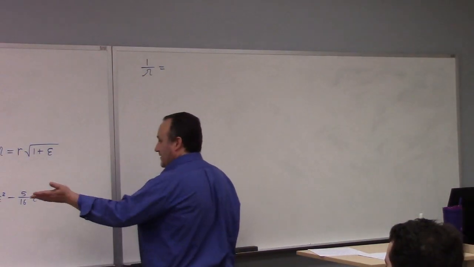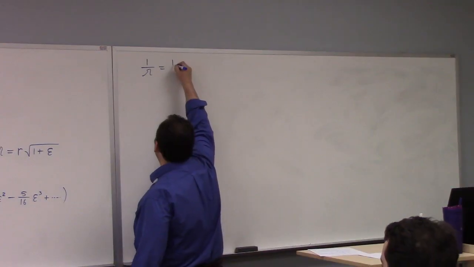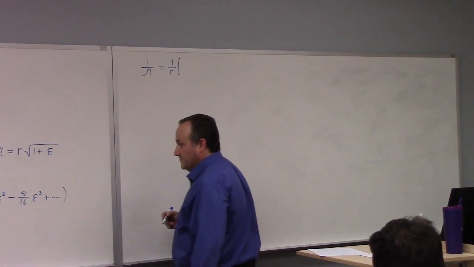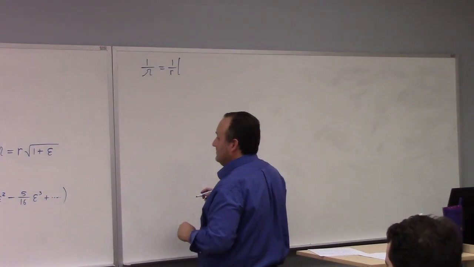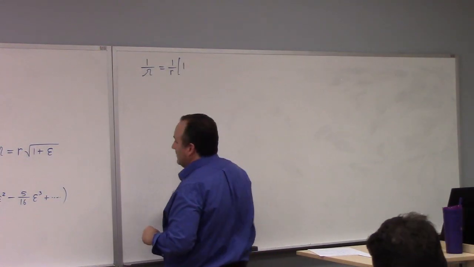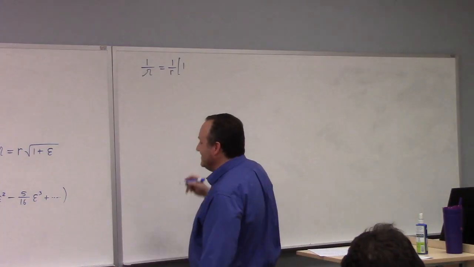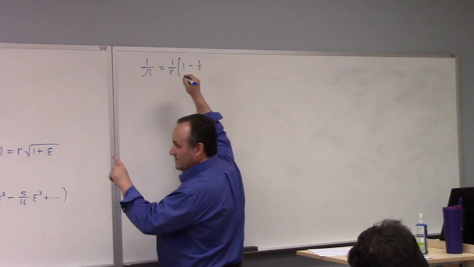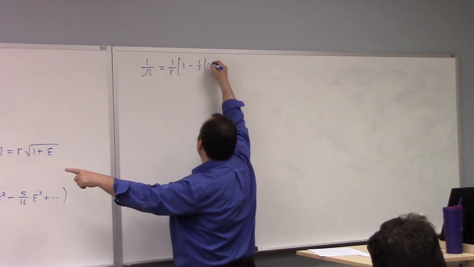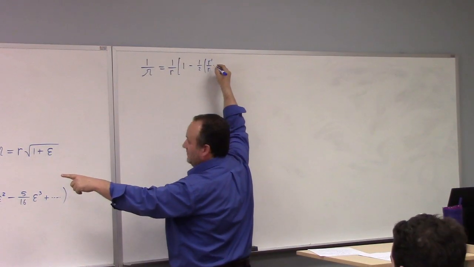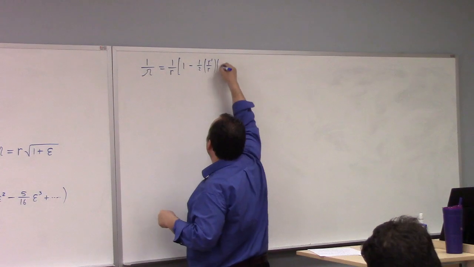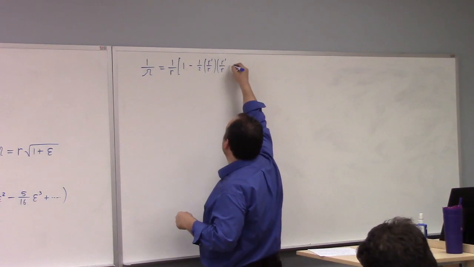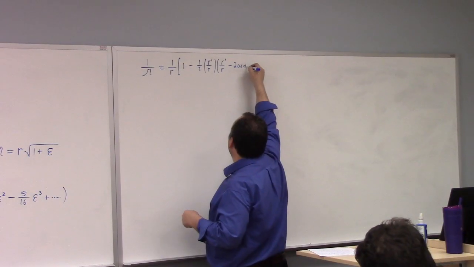There's a 1 over r that just stays out front, minding its own business. Then 1, that's easy. Next, minus 1/2 epsilon. What was epsilon? That was r prime over r times r prime over r minus 2 cosine of alpha.